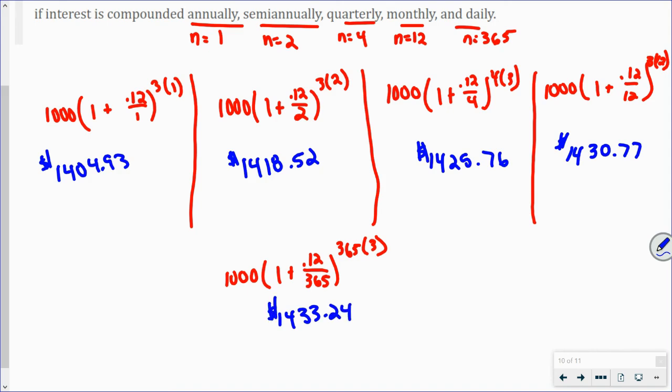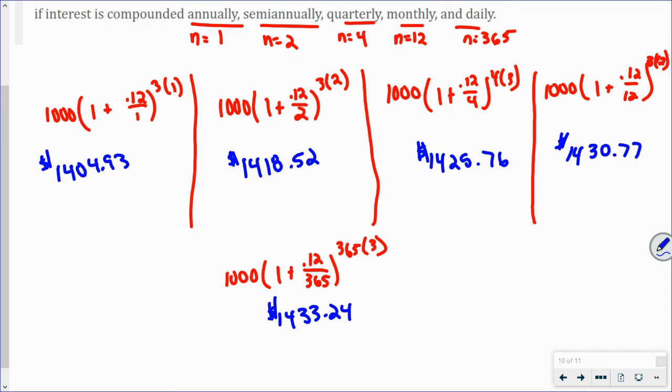So as you can see, the difference between once a year and daily is only about $30. To you as a student, $30 is pretty good. That's a good amount of money. But in the overall scheme of things, $30 is not really that much compared to $1,000.